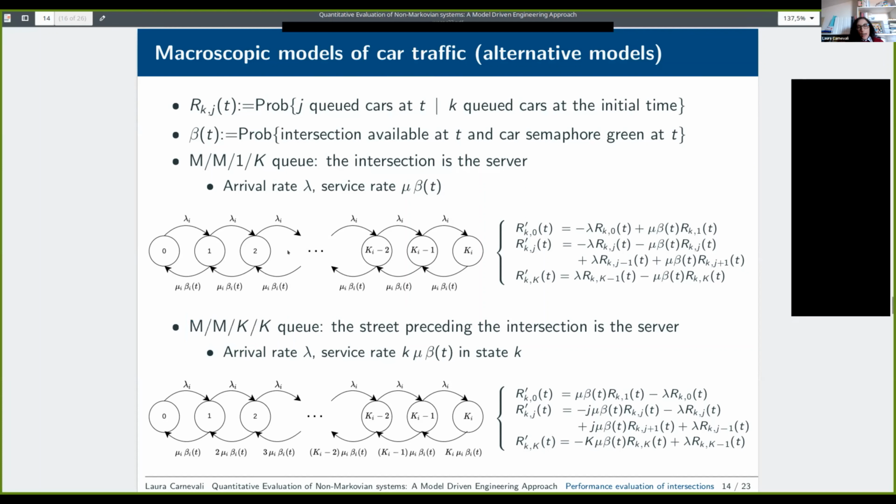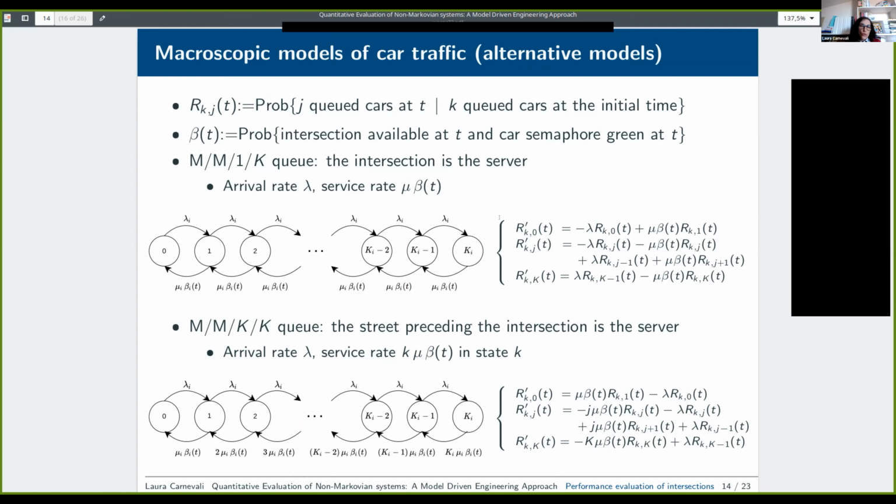So in this case, the model is characterized by a birth-death process, and we can define ordinary differential equations which characterize the number of queued cars over time. So nothing special in this model.